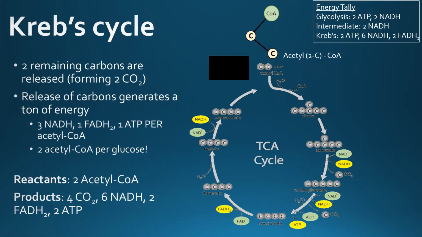Now we go to stage 3 of aerobic cellular respiration. Basically, as I stated, the remaining carbons are released, okay? So they're gone from before. The release of carbons is going to generate a lot of energy from the Krebs cycle. Now you don't have to memorize each of the steps of the Krebs cycle or of glycolysis.